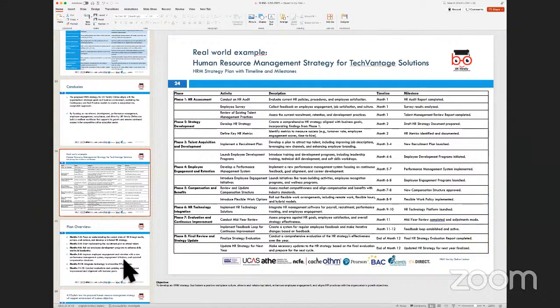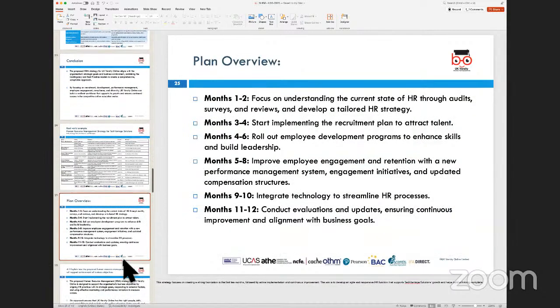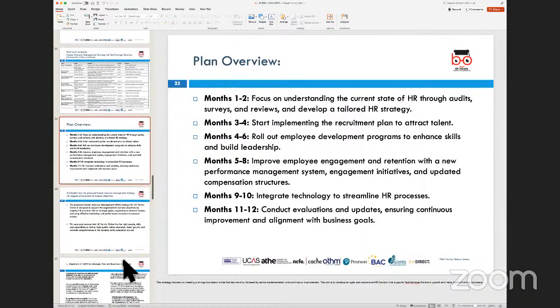So this is an example of how you develop a plan in a named organization, and explain the main parts of the plan and the elements which would be put into action by HR in order to achieve a particular organizational goal.